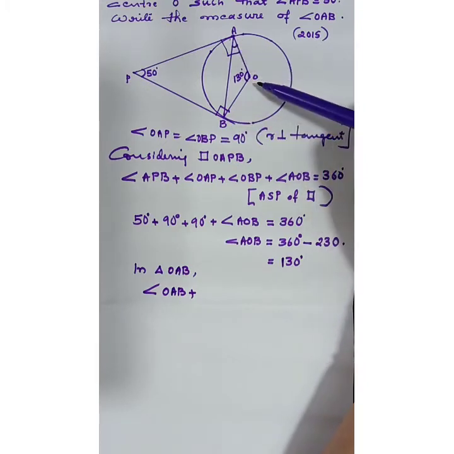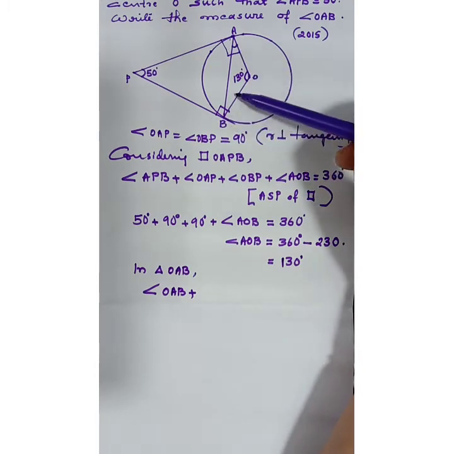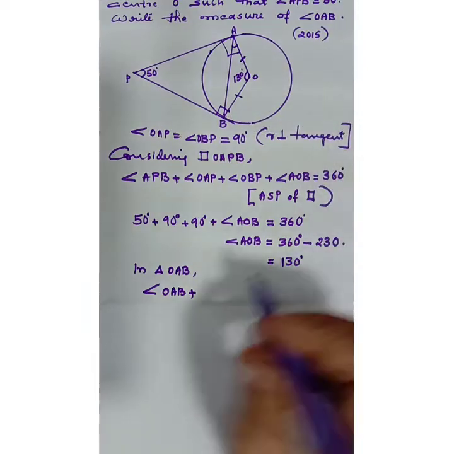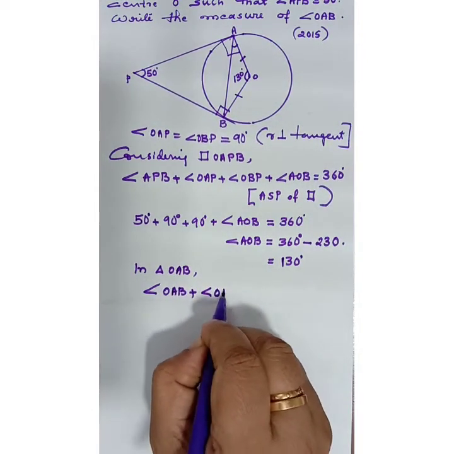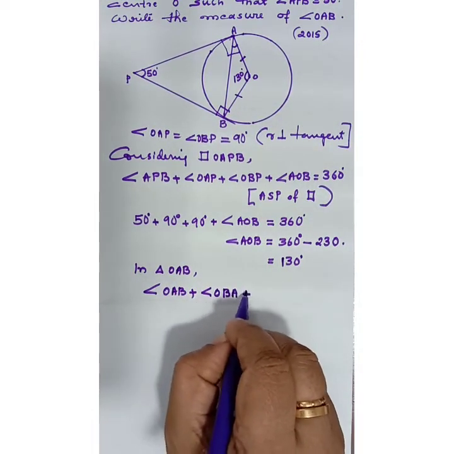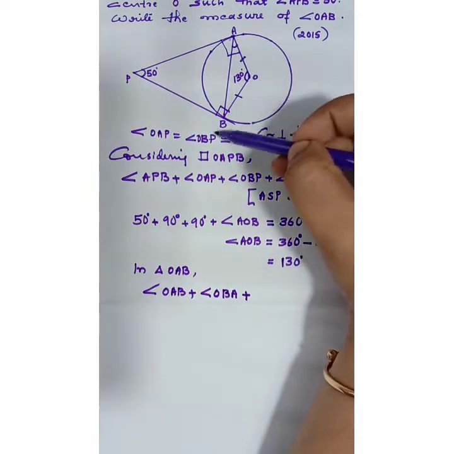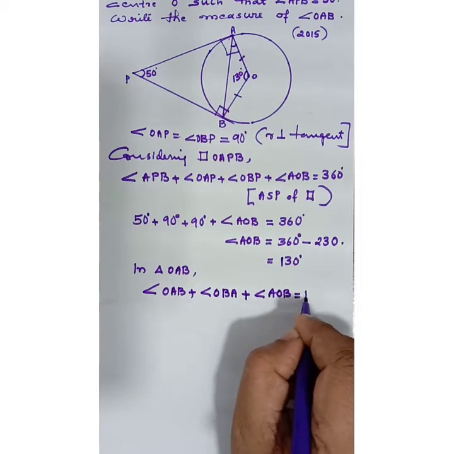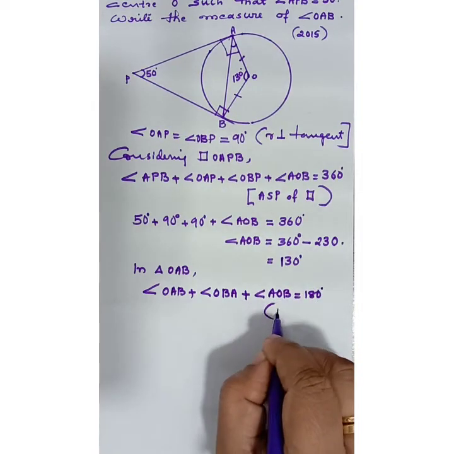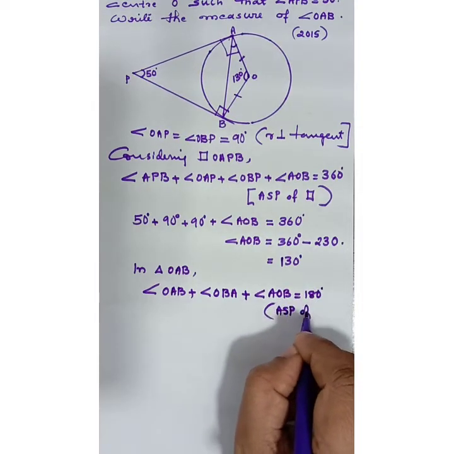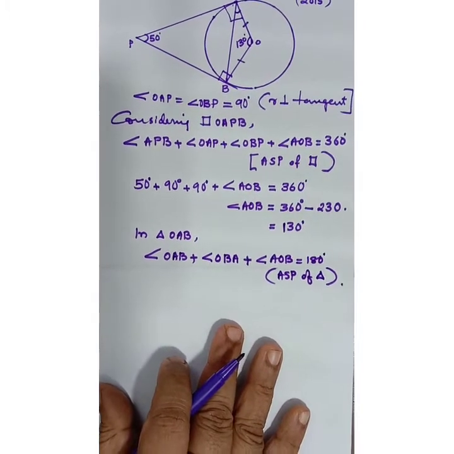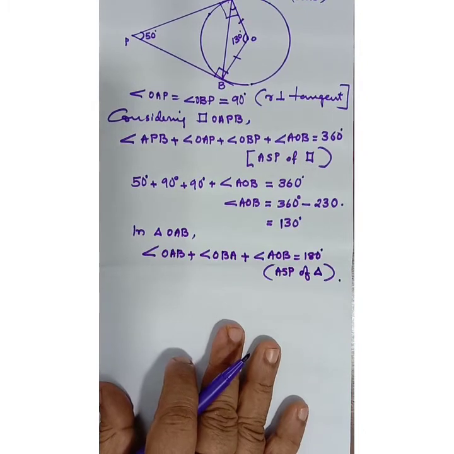This OAB is actually equal to OBA also, as these two sides are equal, being radii. This is the angle sum property of a triangle.